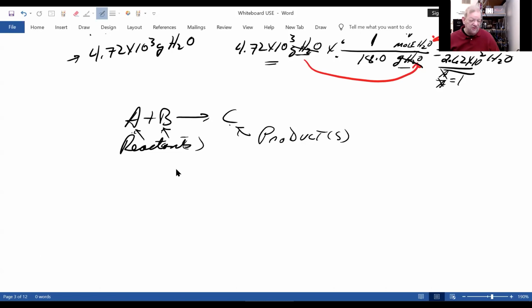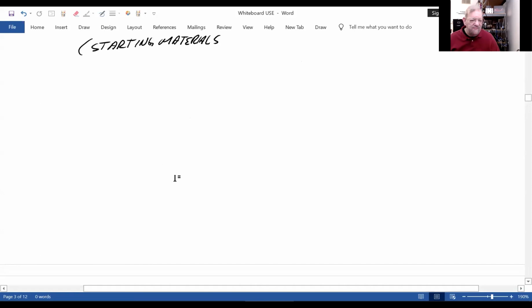Same thing here, you could have only one reactant, but we have 2 here. And a lot of times I'll also call reactants starting materials. So when we have a chemical equation, we check to see, and let's do one.